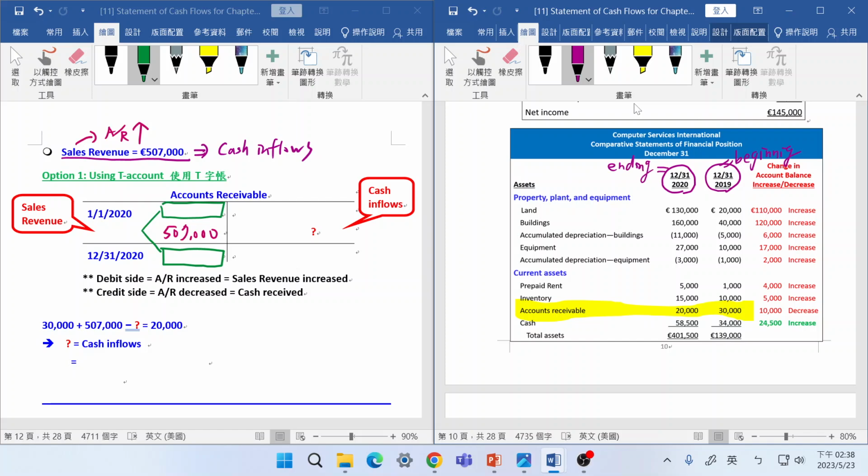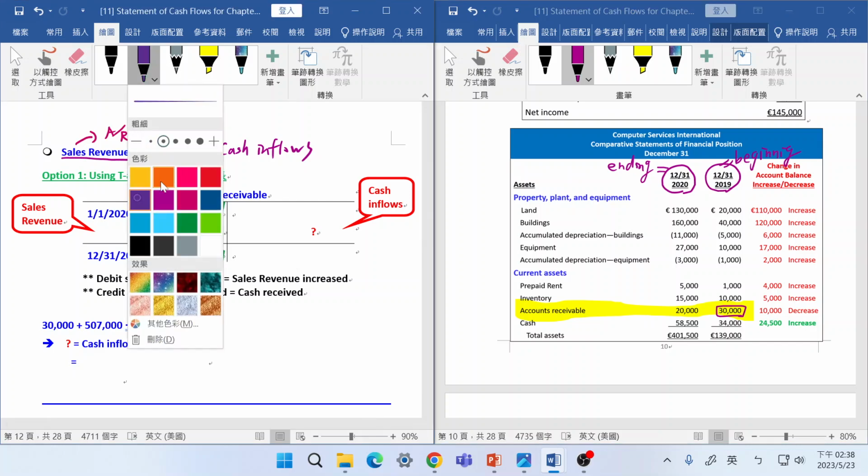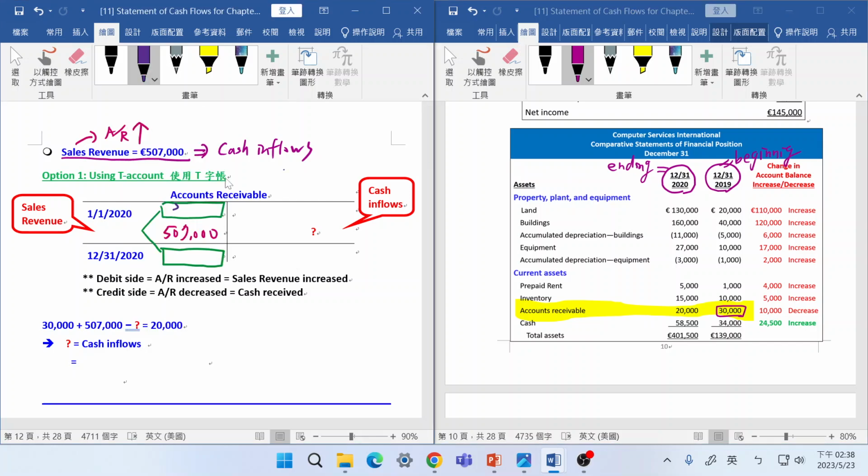So based on the numbers you have, could you just put the numbers right here into your T account? You could do that, right? So beginning balance, how much? $30,000. So should be $30,000.